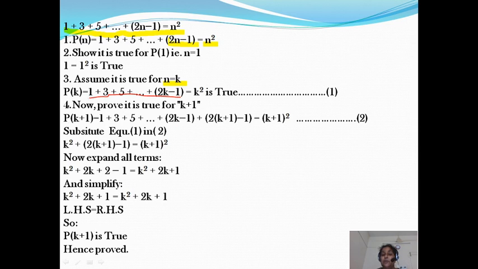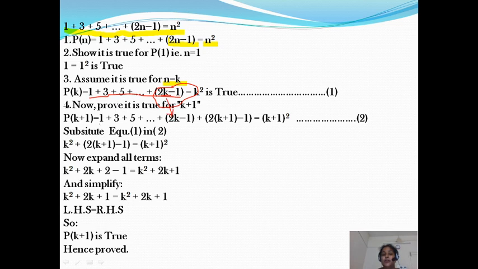When you write P of k plus 1, you simply copy the LHS of P of k as it is into the LHS of P of k plus 1.